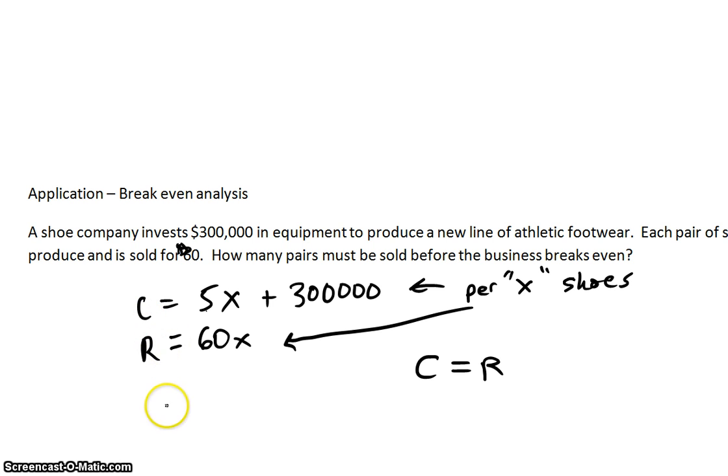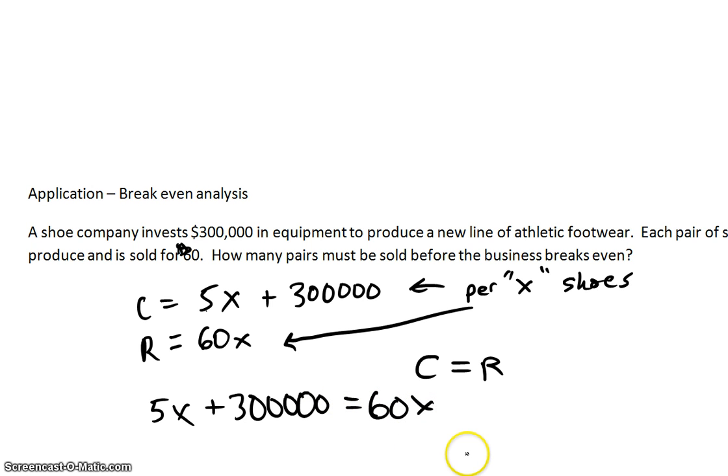So the way you would say that is, where does revenue equal cost? After you sell more than that amount of shoes, you start to get into profit. So after you break even, beyond that you get into profit. So this is now an equation you can solve in terms of cost and revenue.